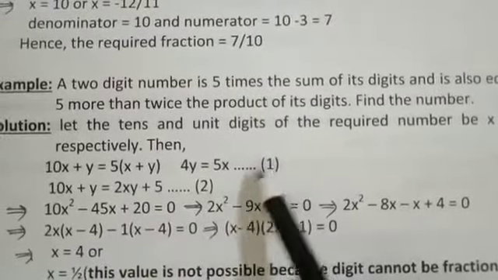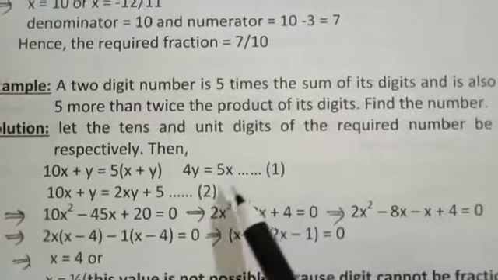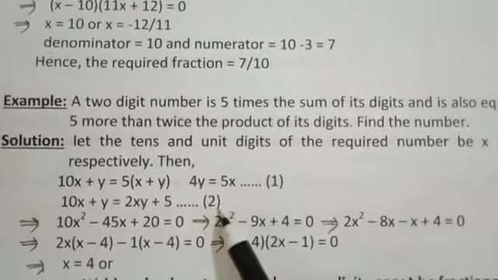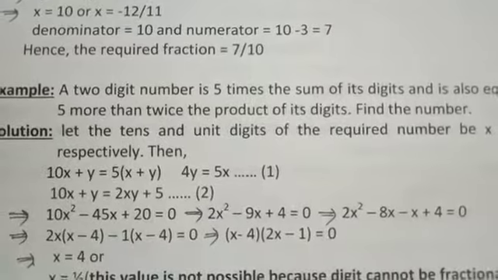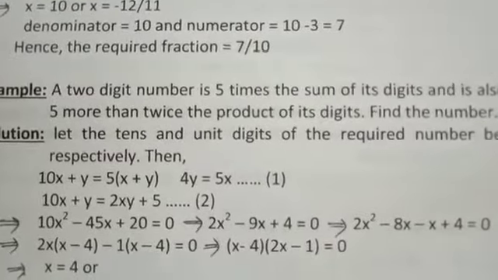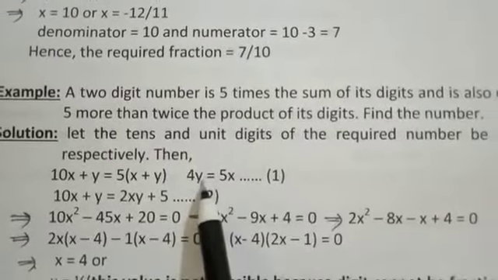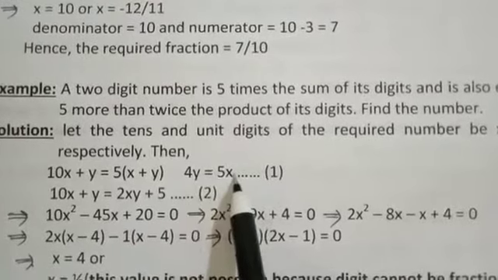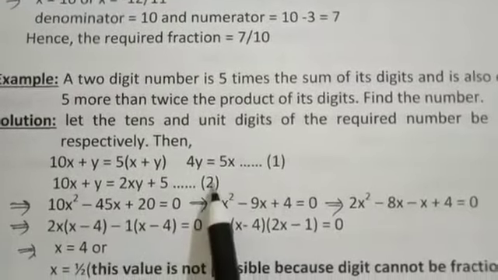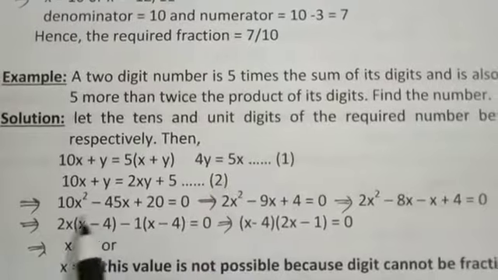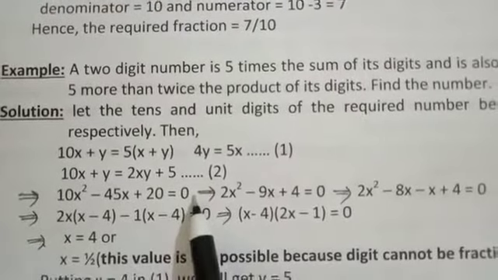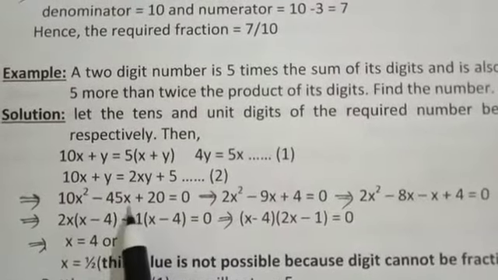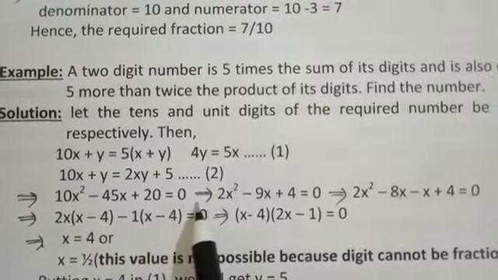So we have got both equation number 1 and equation number 2. Now in this we are not getting a quadratic equation. So how do we get the quadratic equation? We will now substitute the value of y in terms of x in equation number 2, which will give me a quadratic equation in x, that is 10x square minus 45x plus 20 equal to 0.